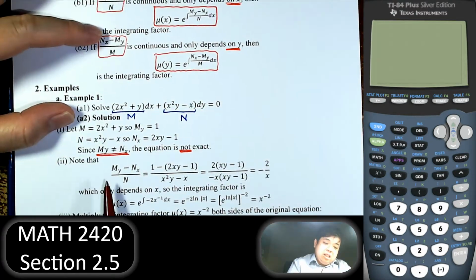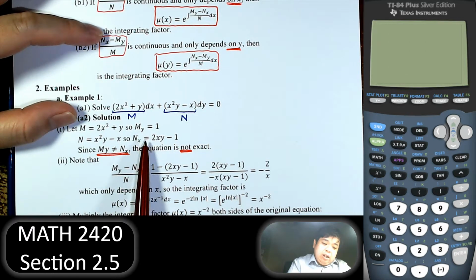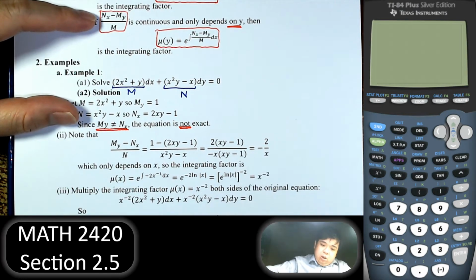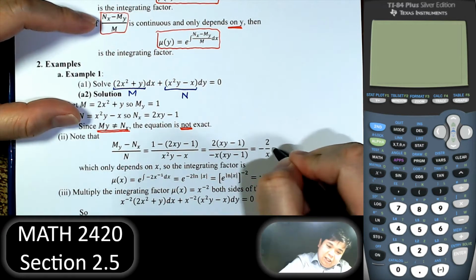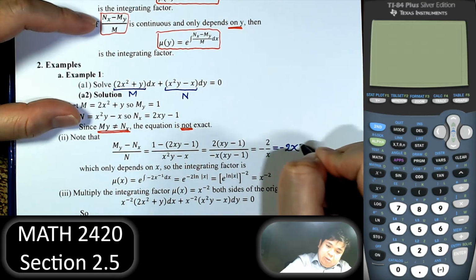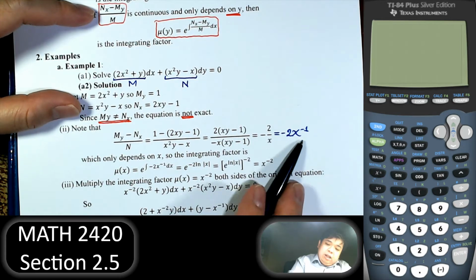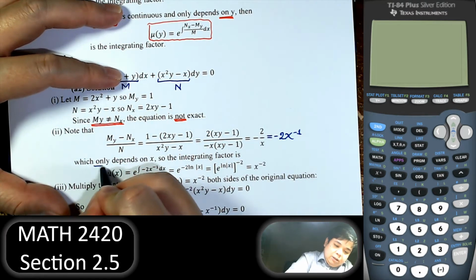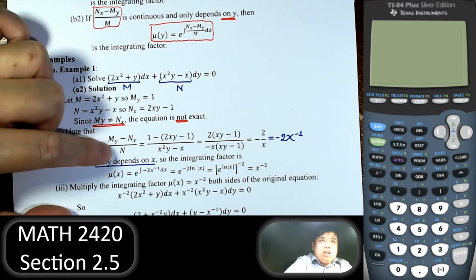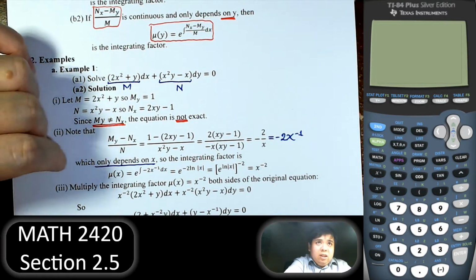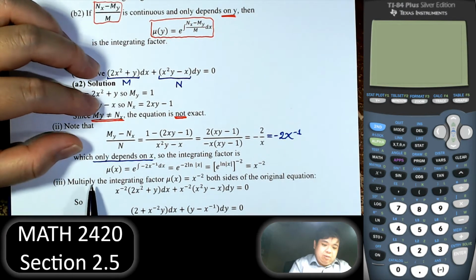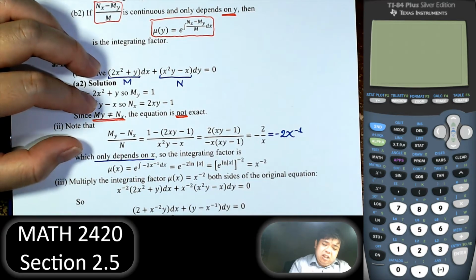So note that in this case we had M_y and N_x, divided by N, and we end up with this, which is negative 2 x to the negative 1, and it only depends on x. So if M_y minus N_x over N only depends on x, then the integrating factor is this, and we have x to the negative 2. Right? So the math here is not that bad.